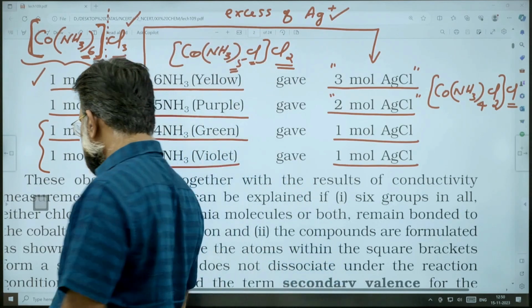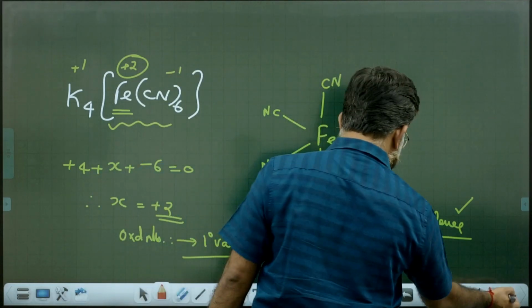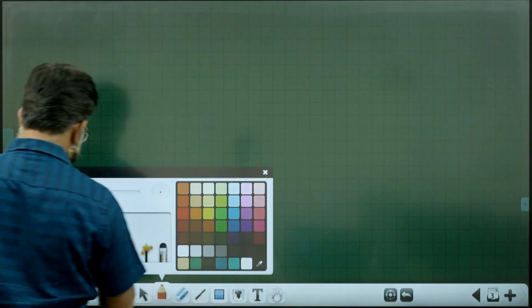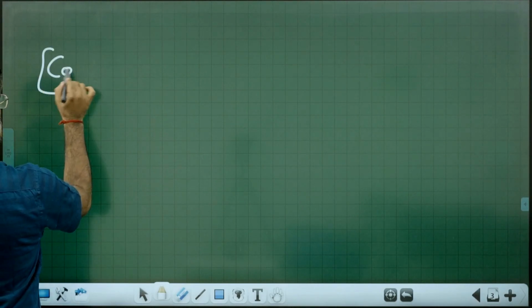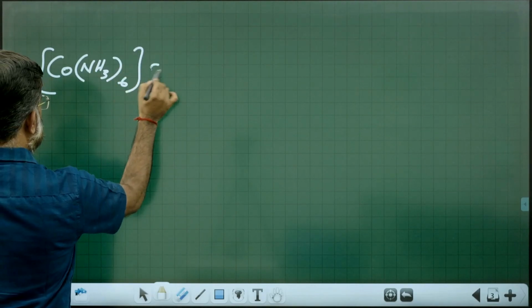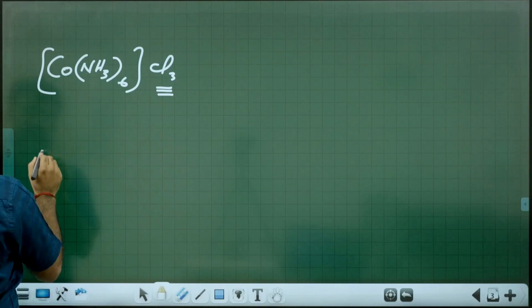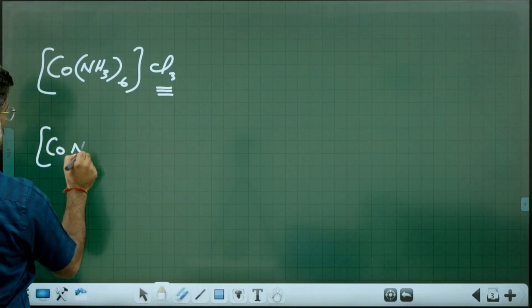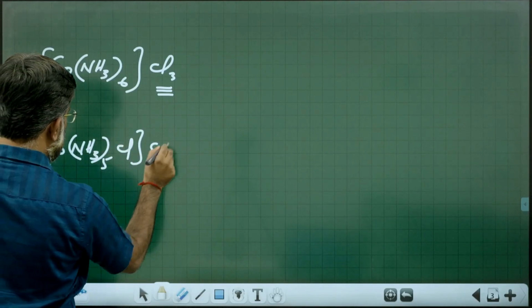So first one with the 6 ammonia, starting with the 6 ammonia. First case, the molecule was like this, [Co(NH3)6]Cl3, 3 chlorine outside. Second case, [Co(NH3)5Cl]Cl2.